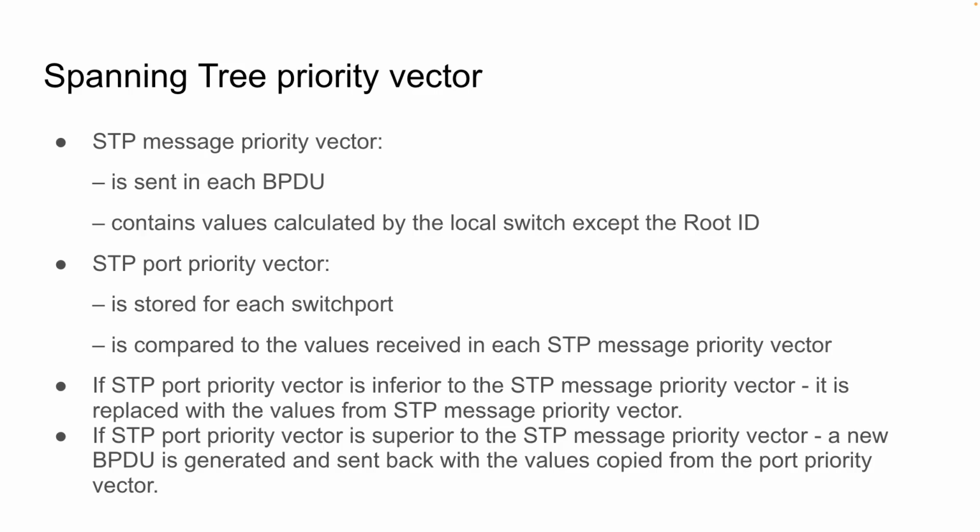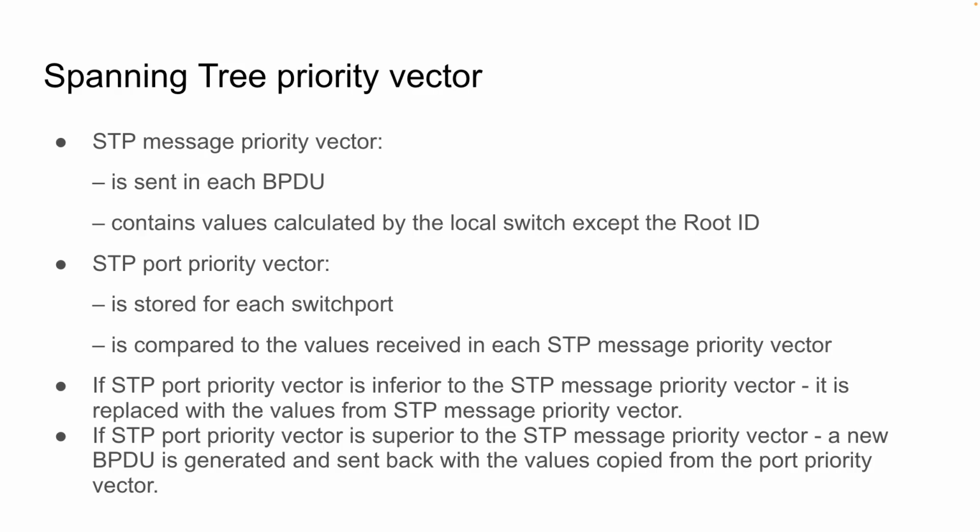It is stored locally for each switch port, and is compared to the values received in each STP message priority vector. So these two STP priority vectors are just compared. If the STP port priority vector happens to be inferior to the STP message priority vector, it is replaced with the values read from the STP message priority vector, read from the wire. Okay, and then maybe recalculation of the STP topology begins.